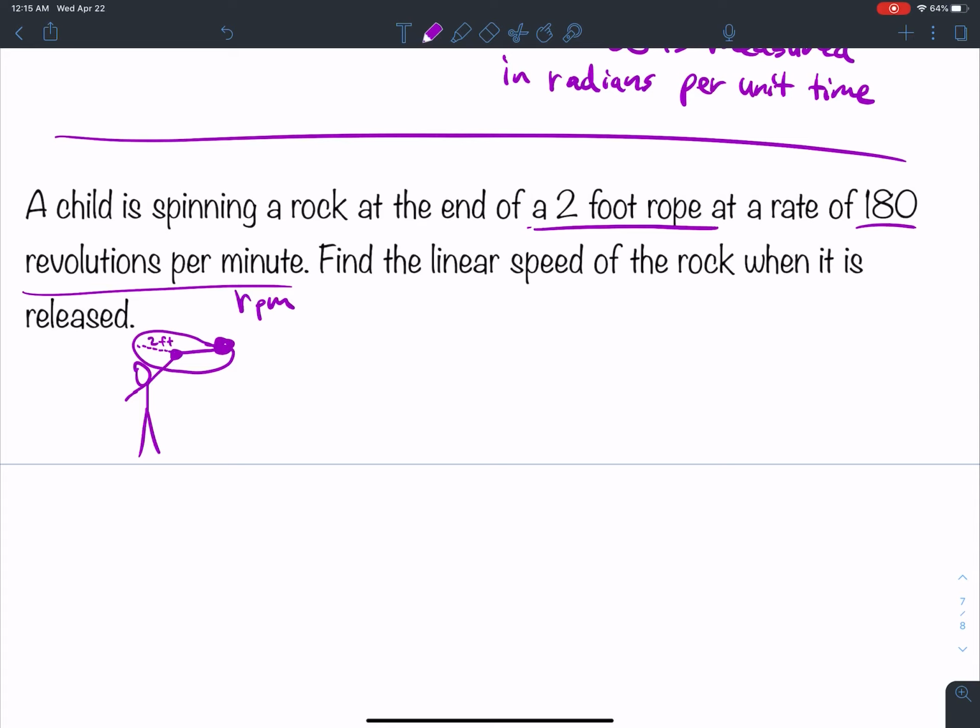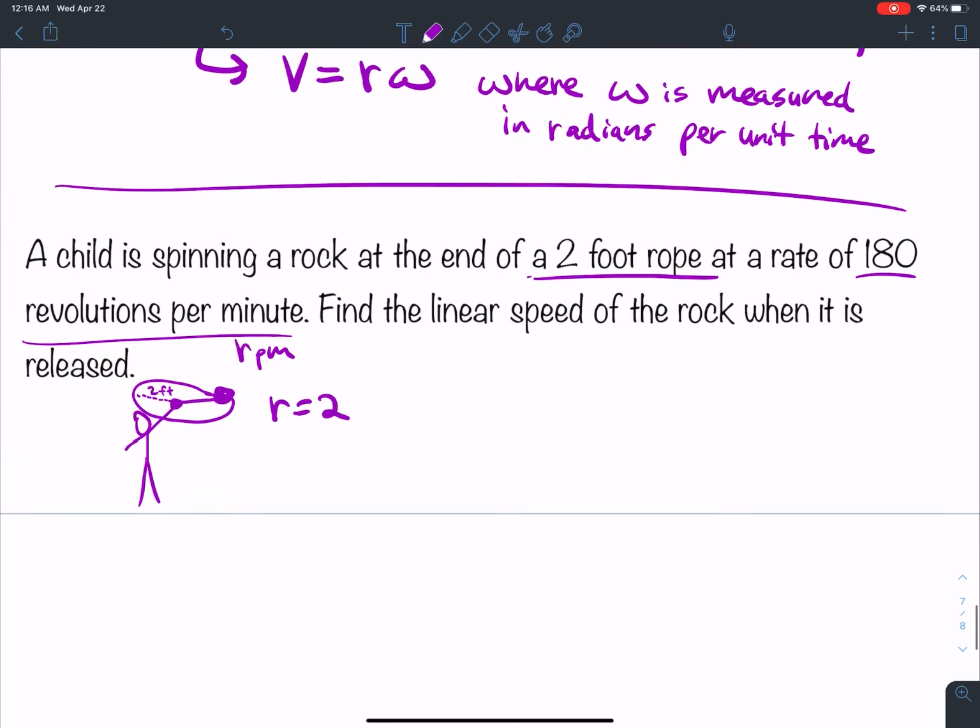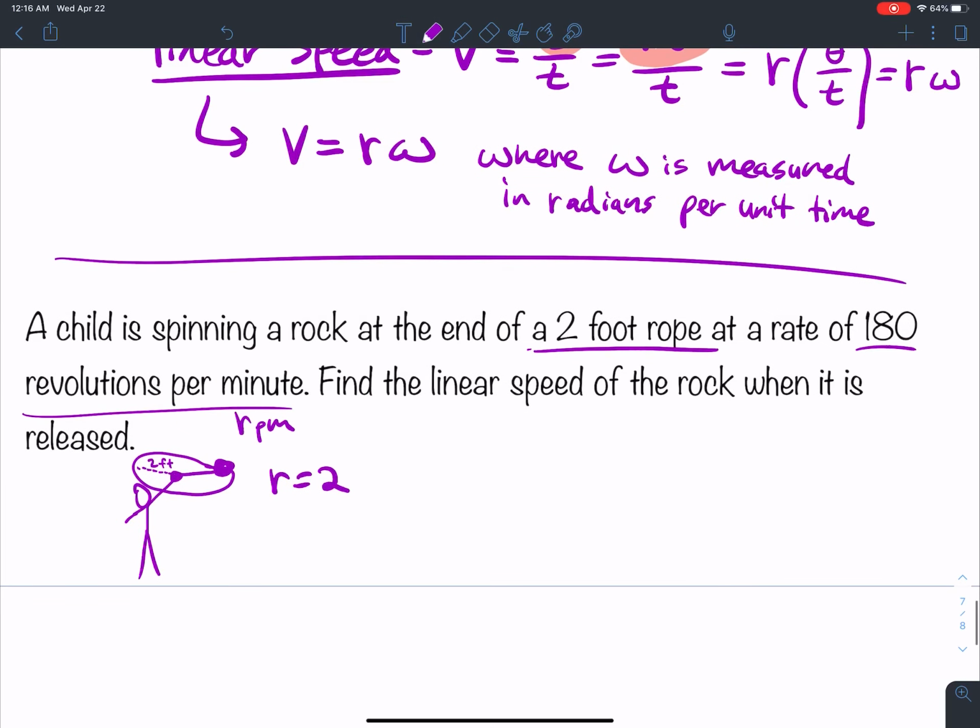So the radius is r equal to 2. He wants to know, what's the linear speed of the rock when it's released? So as soon as it gets let go. So what is my formula? Well, my formula is v equals r omega, right?